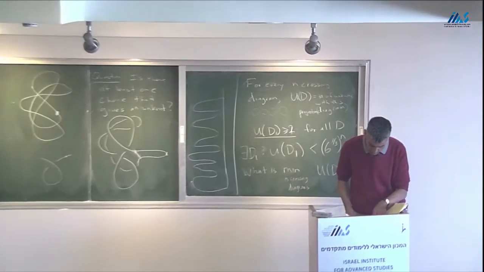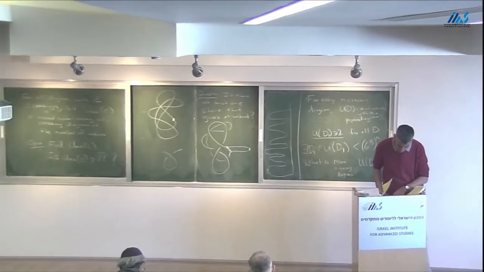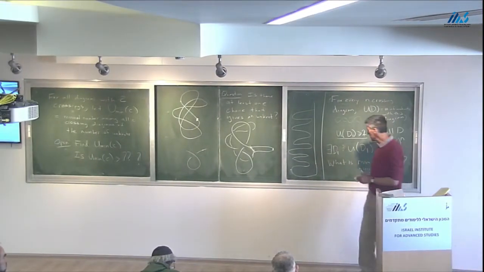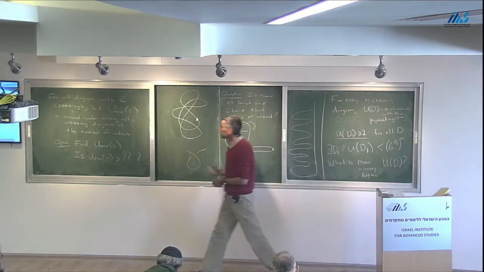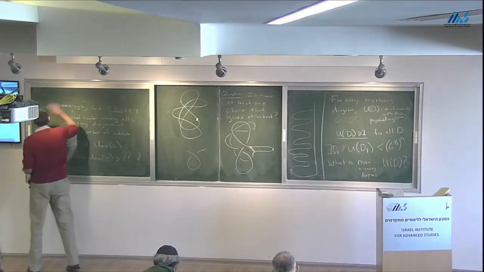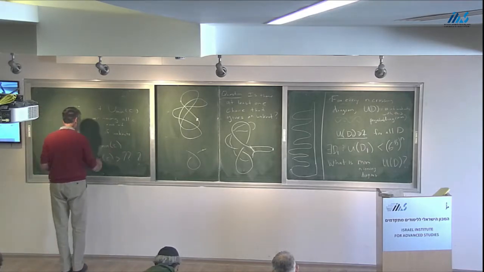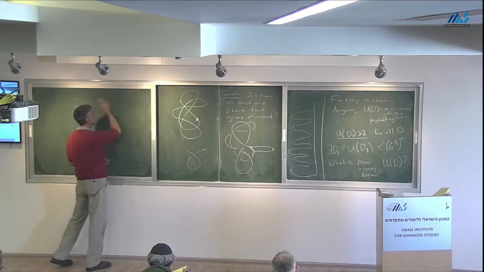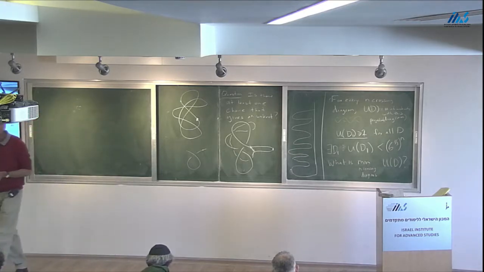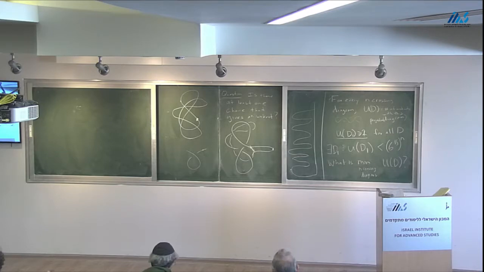I have a couple of other things I could say. Let me just tell you a couple of interesting facts to finish. First of all, nothing better than 2 is known. Well, I suspect you could push it up a little bit.